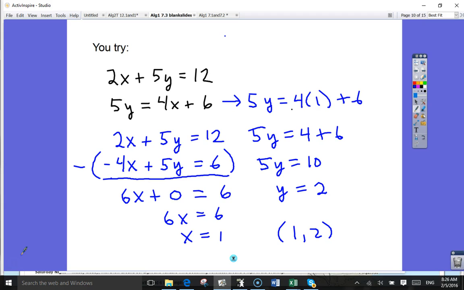I plugged it in here. 5 times y equals 4 times 1 plus 6. y equals 2. We good? Okay.